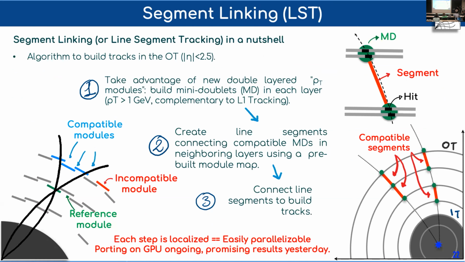And then you saw yesterday the segment linking part, that is basically porting each step to be local, so that it is easily parallelizable on GPU. This was the map that we were talking about yesterday, where you find all the possible matching between the modules, just simulating all the possible helices that you have.